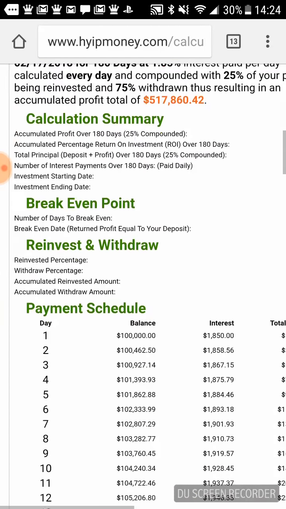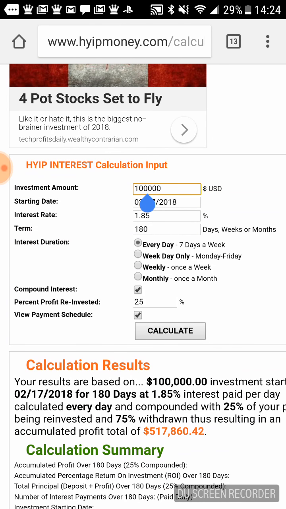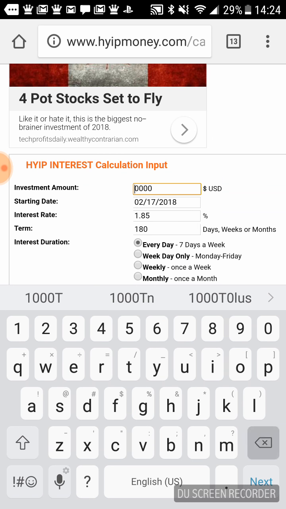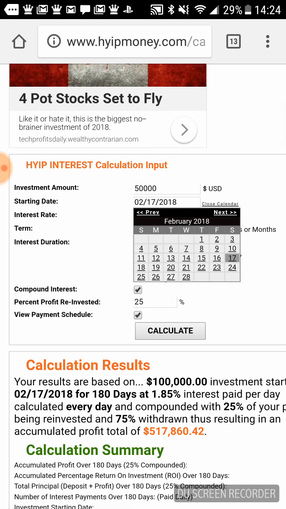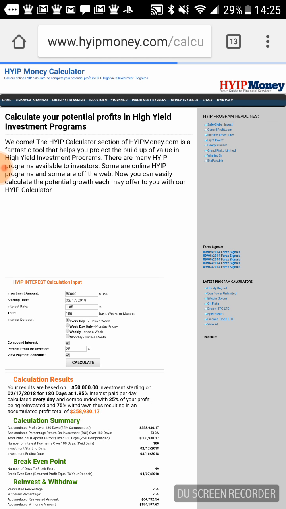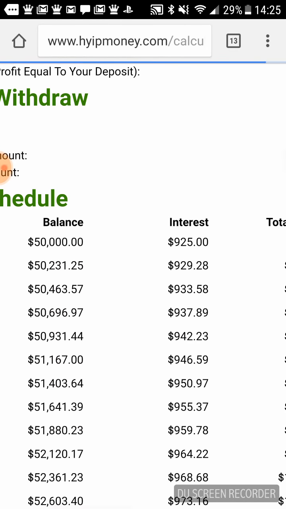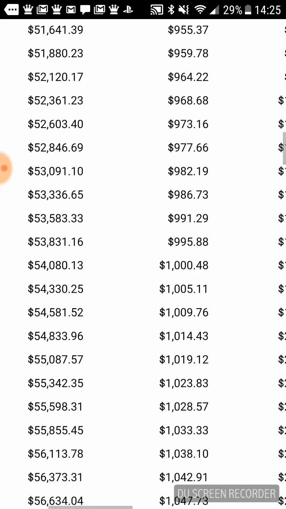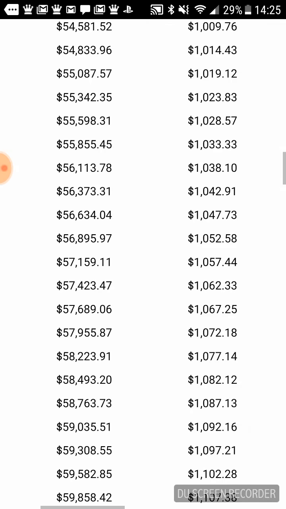Let's go with 50,000. Let's just do one more for 50,000 and see what that looks like. All right, calculate. So 50,000 initial investment, 925, we'll call it. Let's see here, 30.